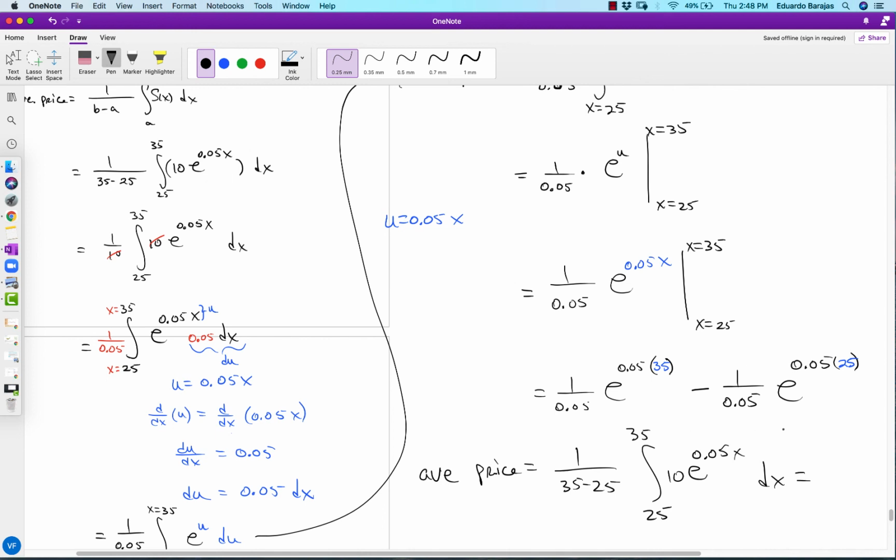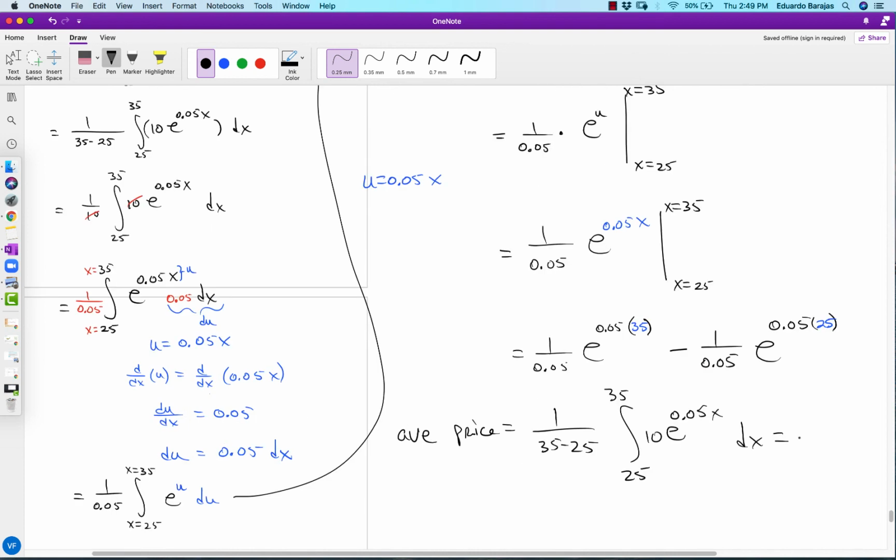And we see that it equals this. And if we simplify that a little bit, we'll get that this equals 45.29. Okay, and that's our answer.